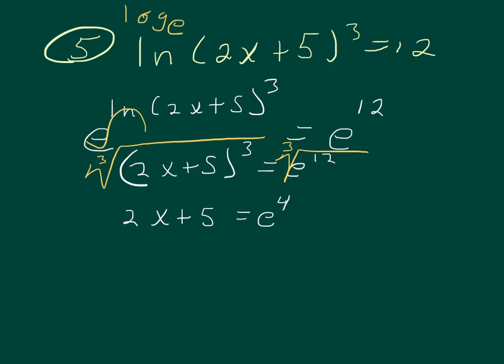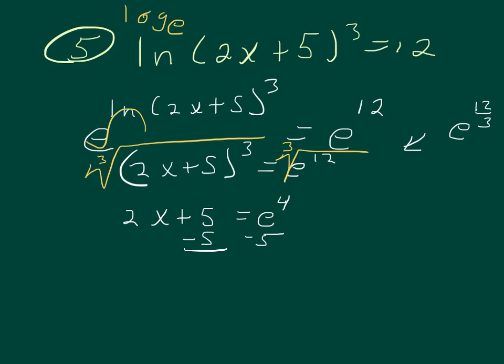Now, another way we could have done that is I could have written this right here as e to the 12 over 3. So write it as a rational exponent. All right, now, from there, I am going to get this x by itself, and I do that by subtracting 5 from both sides.